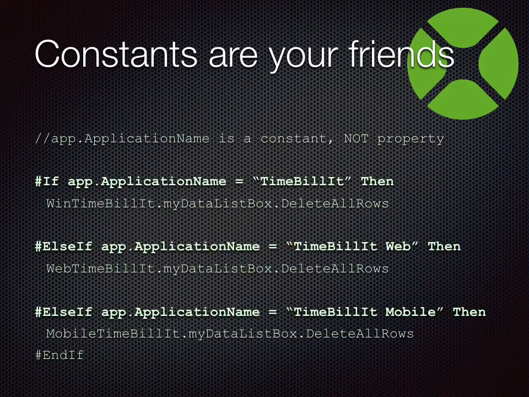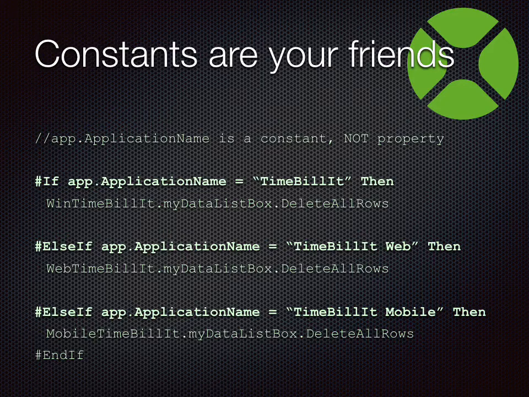Now, constants can also be your friends. We can use constants in many different ways. For example, I use a constant, not a property, but a constant in the app area called application name. The advantage of that, because it's a constant rather than a property, is I can now use them in #if commands.